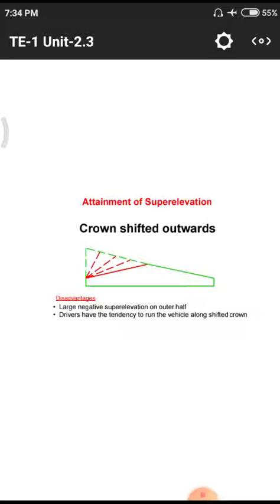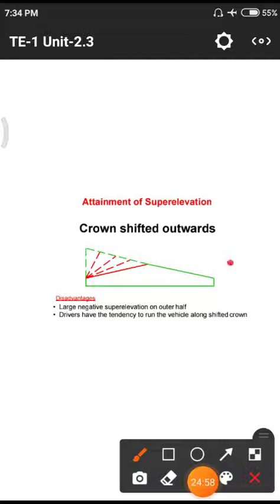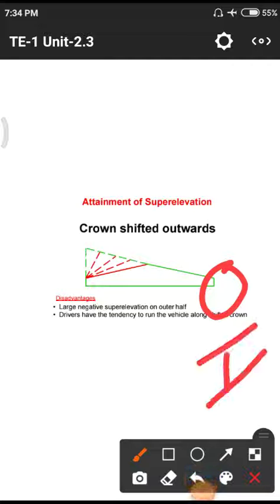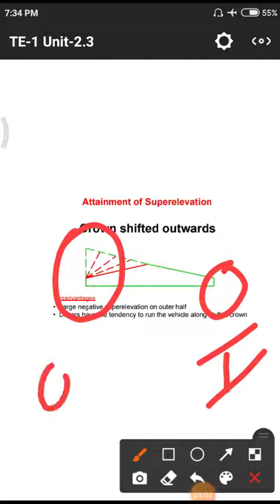That means the entire crown will be shifted outwards. This is the outward angle, this is the inward angle. Those two things we need to remember, what is inner and what is outer. This is the inner portion. This is the outer portion. We have to maintain those two things.